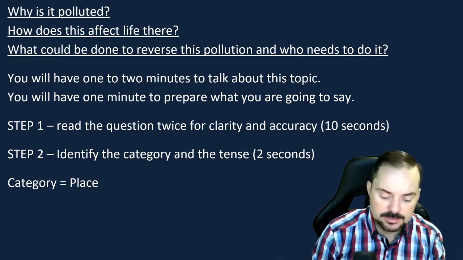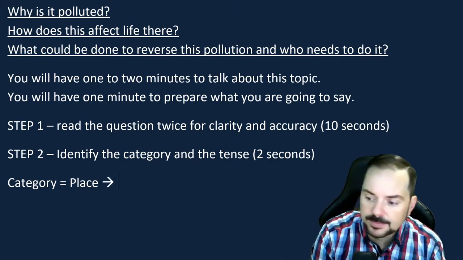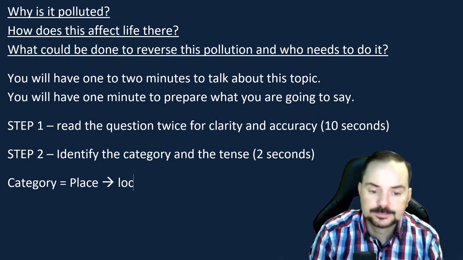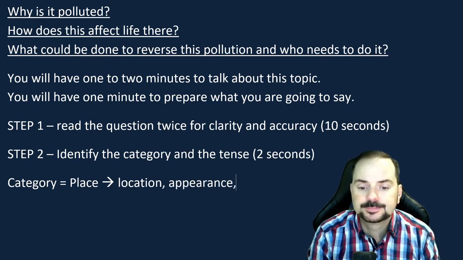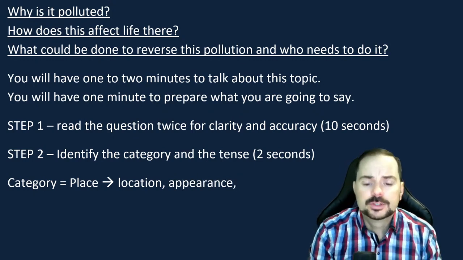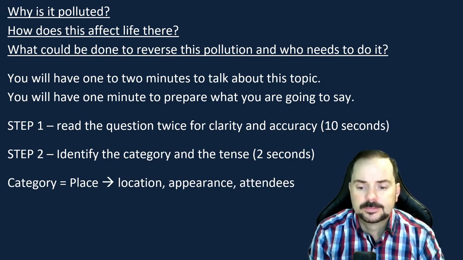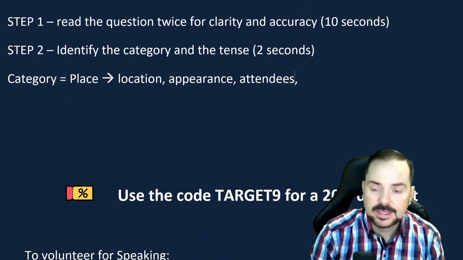When we talk about a place, we want to talk about its location, right? You want to describe its appearance. What does it look like? You want to talk about the attendees, who goes there. And then you want to talk about the activities.